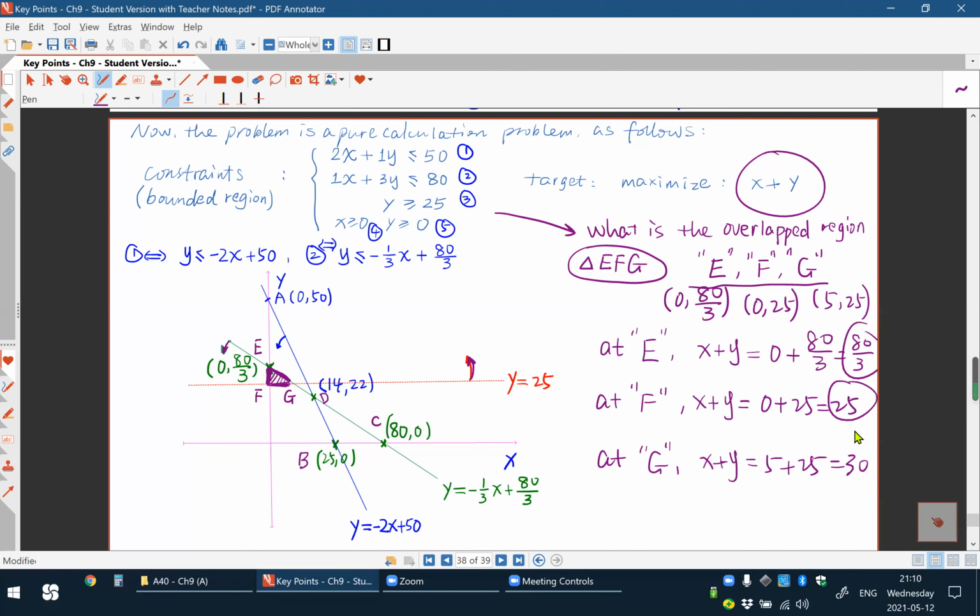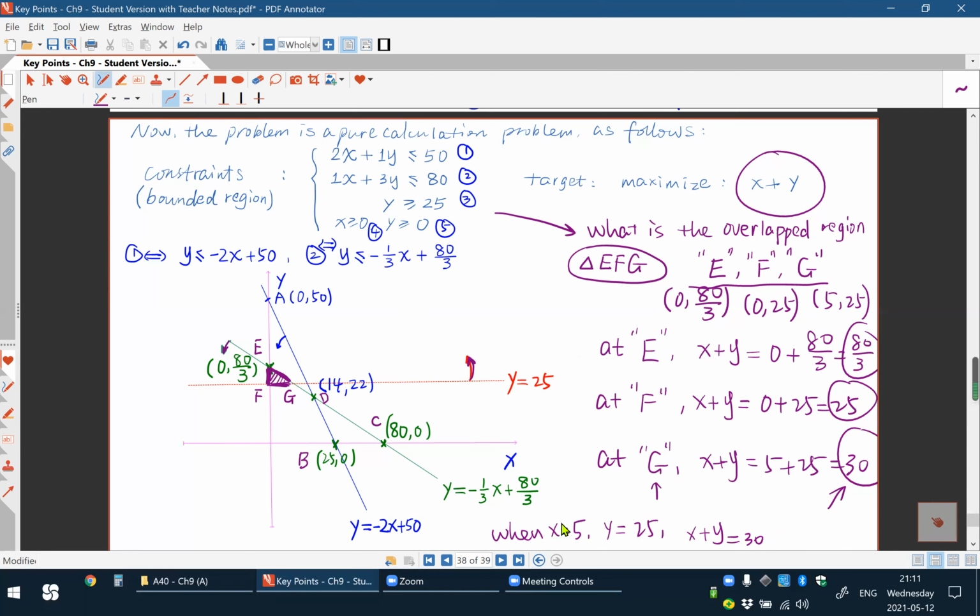So at which point do we have a maximum value? Now you can see that at point G, we have a maximum value of 30, right? So that means when x is 5 and y is 25, we have a maximum value of x plus y, which is 30, right?